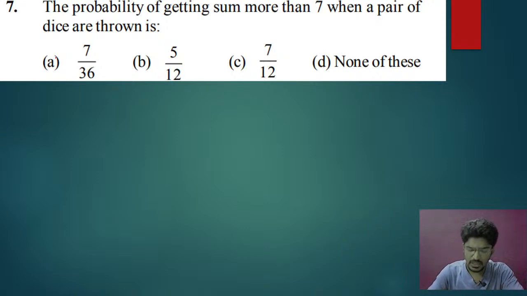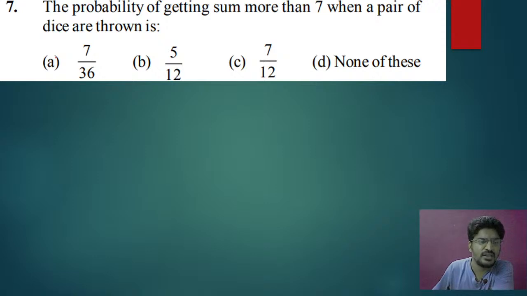Now let us go for the seventh problem. The problem is the probability of getting a sum more than 7 when a pair of dice is thrown.